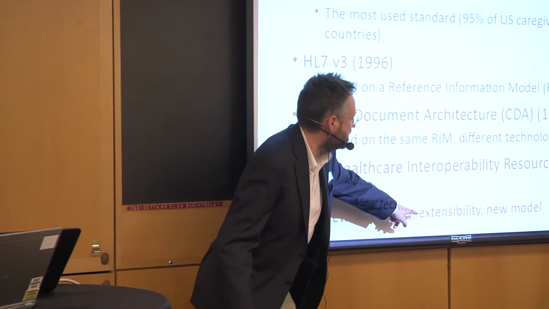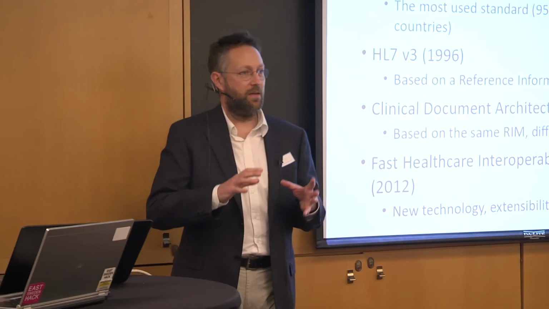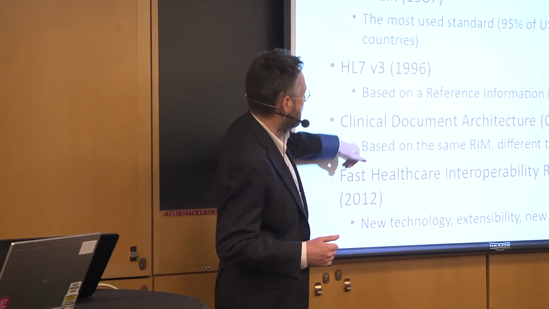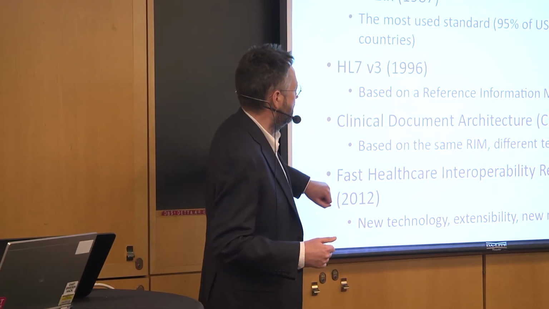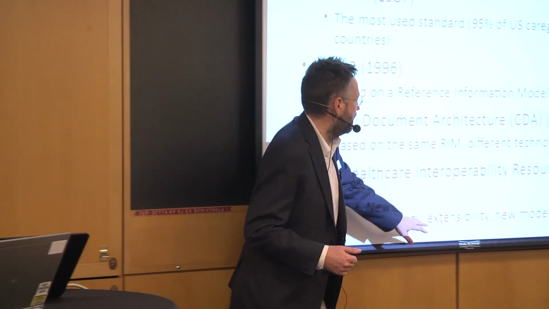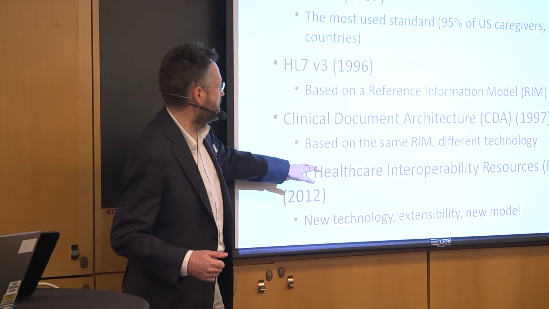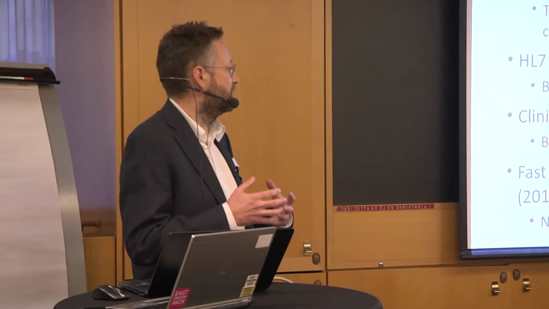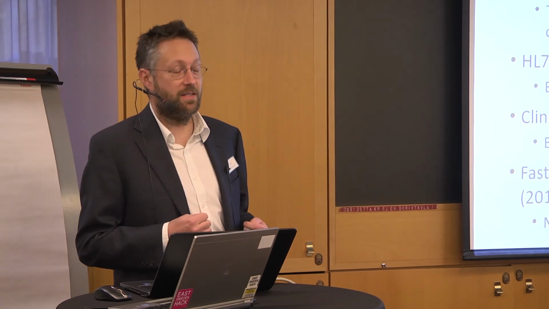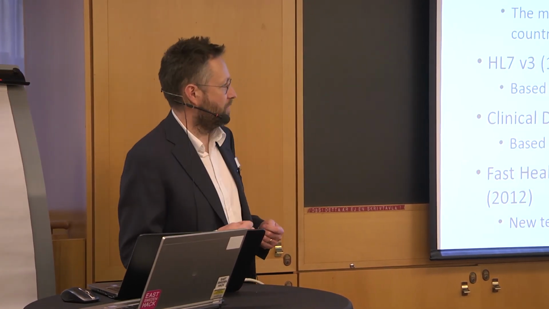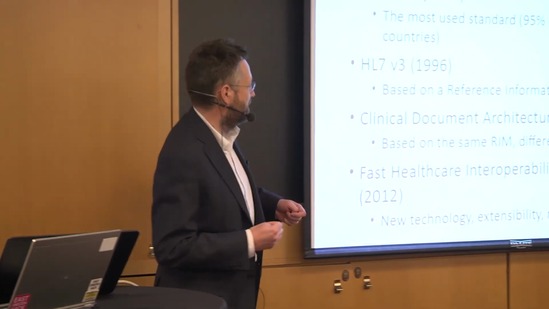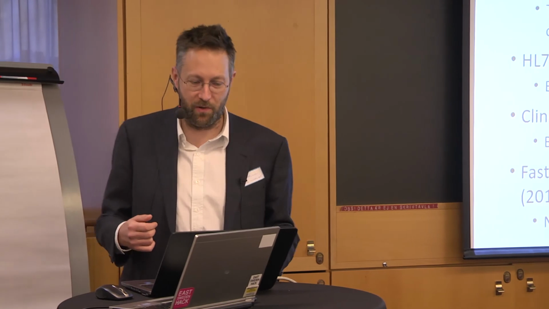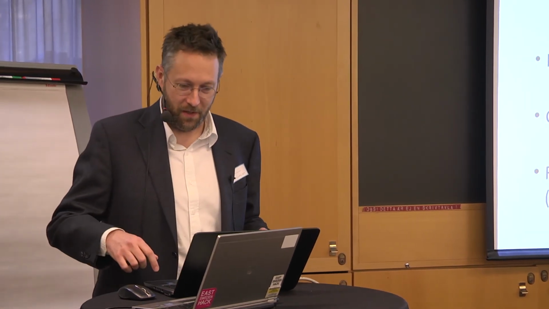They added some extensibility, so you could take the standard resource and do some kind of extension, which is kind of new compared to the other standards. The reference information model was ditched. They use these things called resources instead, which are not terribly different from the classes of the reference information model, but still a different name.